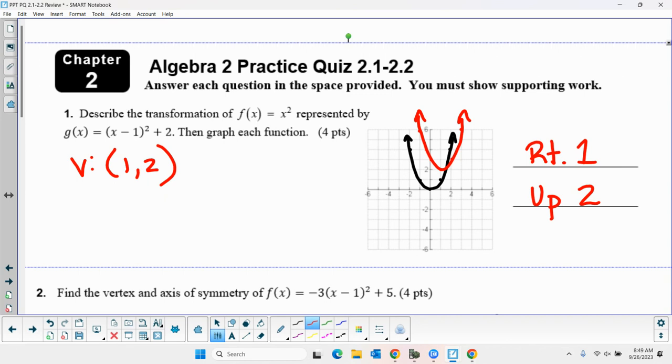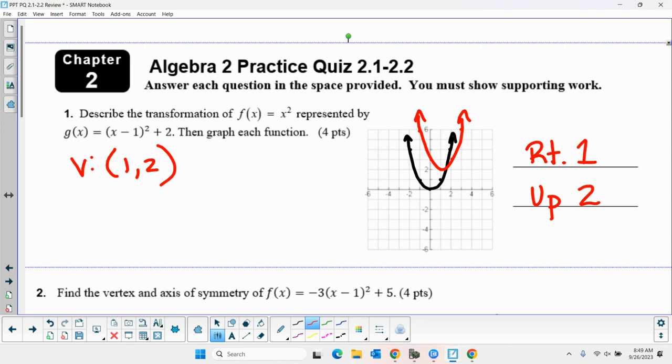You know your parent function is at 0, 0, all right? And your new function's at 1, 2 for the vertex. Just figure out what you did from 0, 0. So right 1 up 2. Or if you want to say up 2, then right 1, it doesn't matter what order you tell me. Questions on number 1.